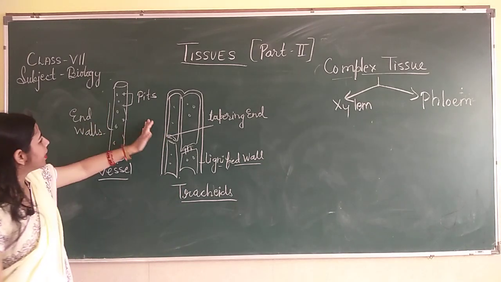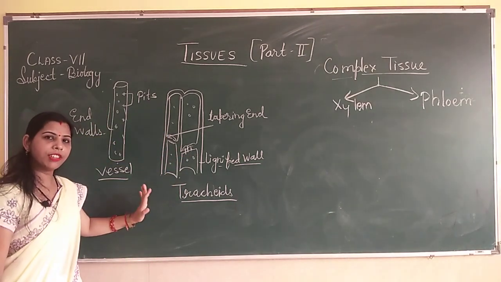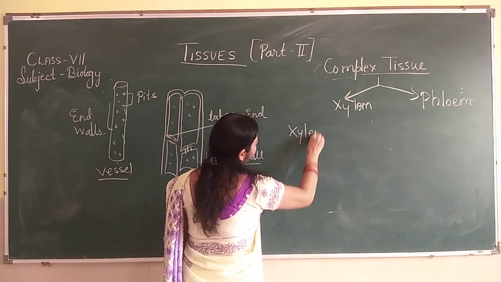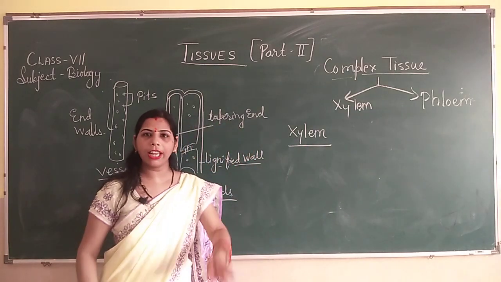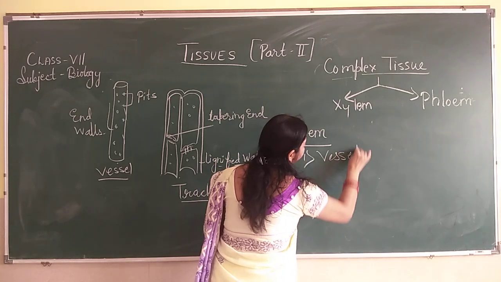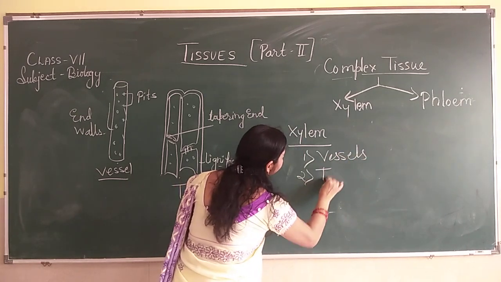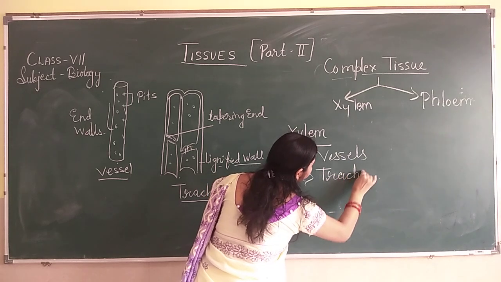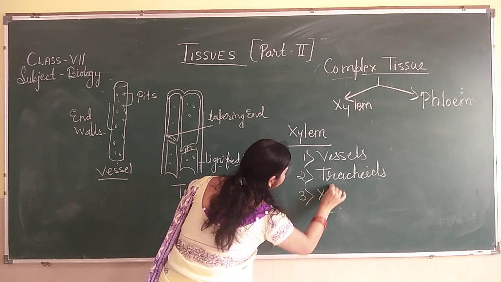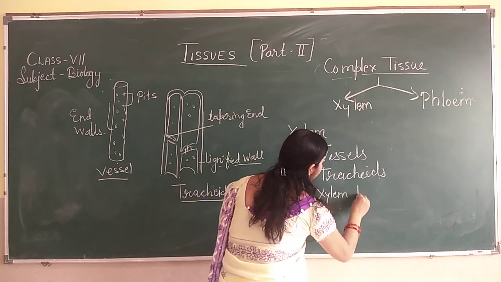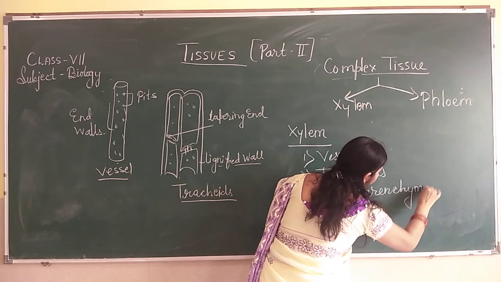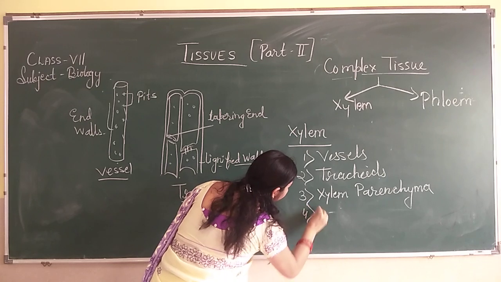So this is the drawing which I already drew. The xylem is made up of four types of cells. First is the vessels, second tracheids, third xylem parenchyma, and xylem fiber.